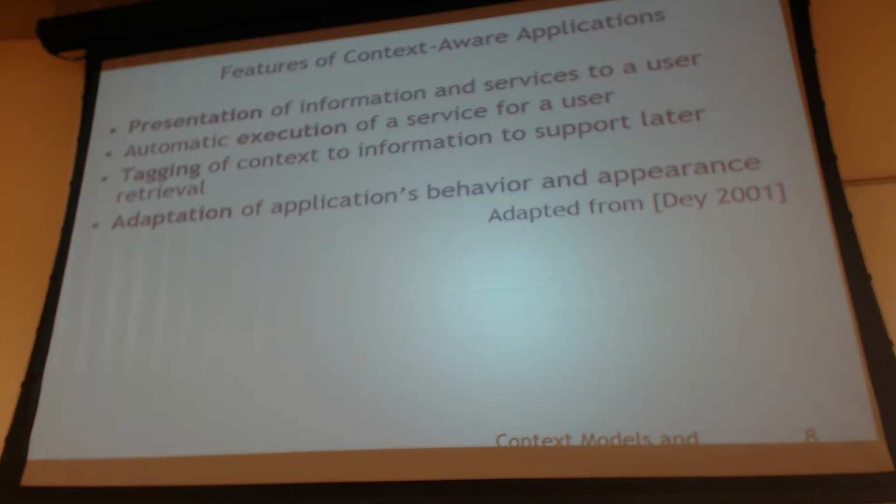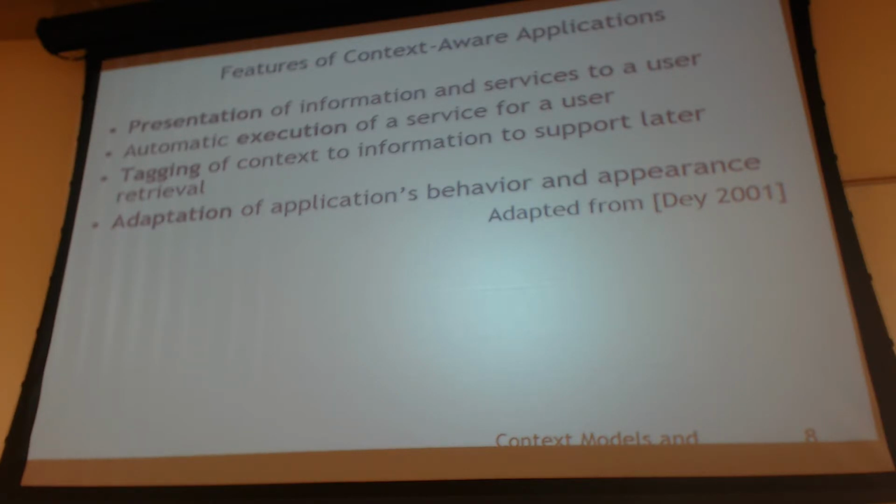Then the next component is automatic execution of a service for a user. Can you give an example of automated execution of a service for a user? Okay, battery saver.